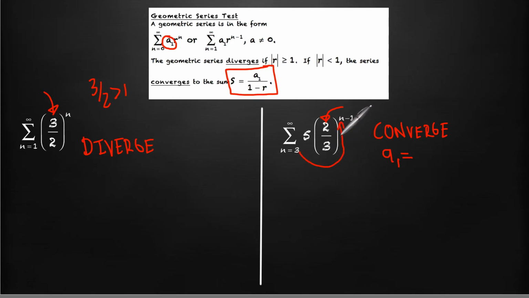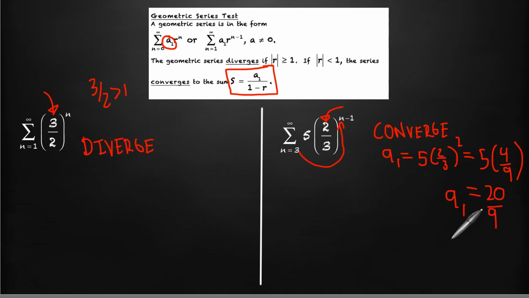So 3 minus 1 is 2. So we're going to have 5 times 2/3 squared. And so that's going to be 5 times 4 over 9. And so we're going to have 20 over 9 as our a1.